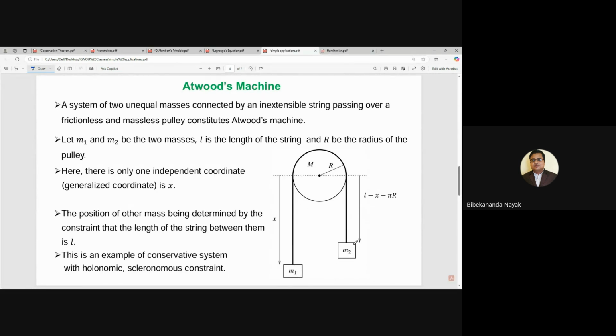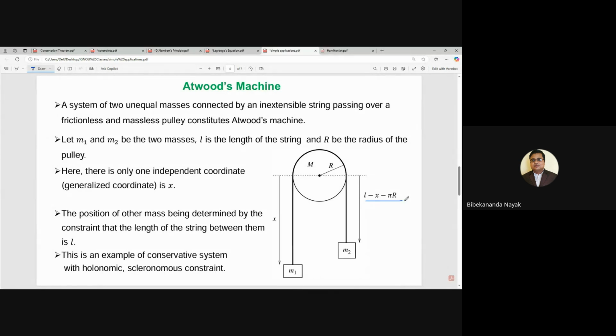There are two masses connected by a string, and the string goes over a pulley of radius R. The total length of the string is L. If this one is X and R is the radius of the pulley, then from this point to this point will be pi R. So this distance is L minus X minus pi R.